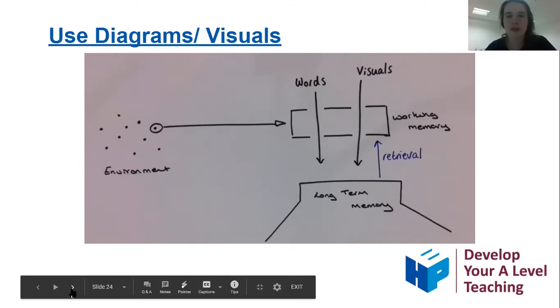Something that you can use to take your dual coding to the next level is live drawing. A lot of these diagrams I would draw under my visualizer as I'm speaking, so I can actively direct attention to specific parts of the diagram. By doing so, I reduce the amount of the visual that you are focusing on at any one time to really focus your attention on the key thing that I want to explain at that specific point. Next slide.